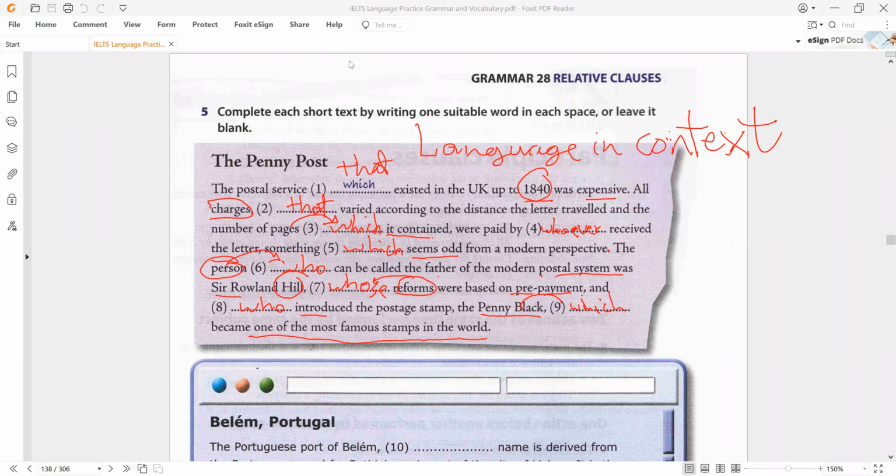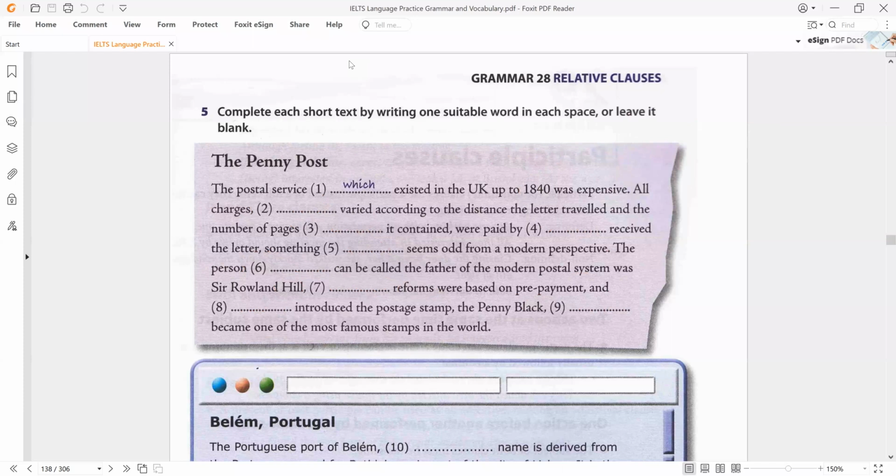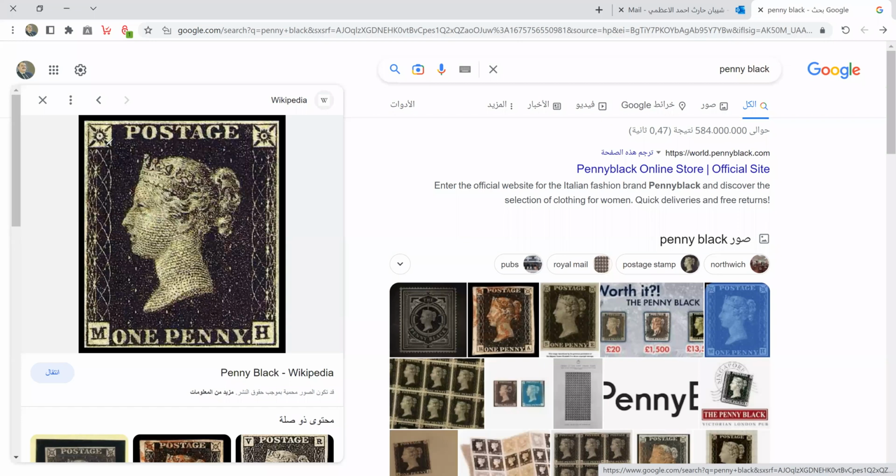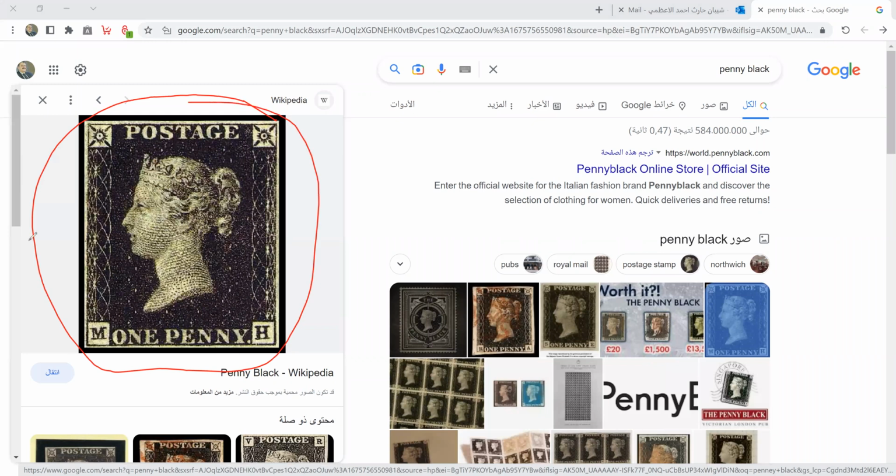So I want to show you something now, just to change things. I want to show you the picture of the first penny black, as you can see it here in front of you. This is 1 penny. This is the first issue, and it is the photo of Queen Victoria.